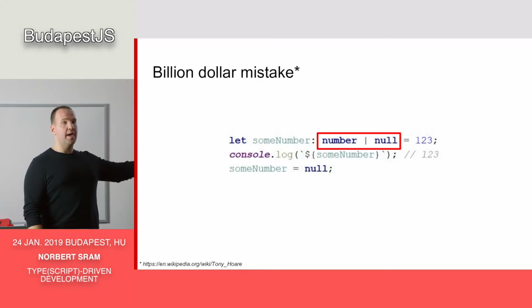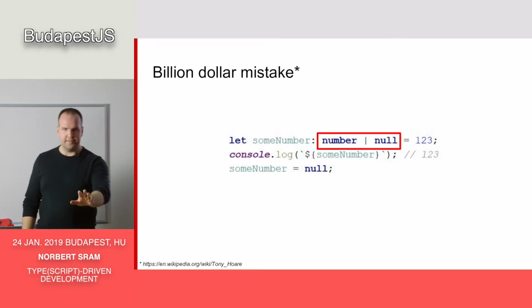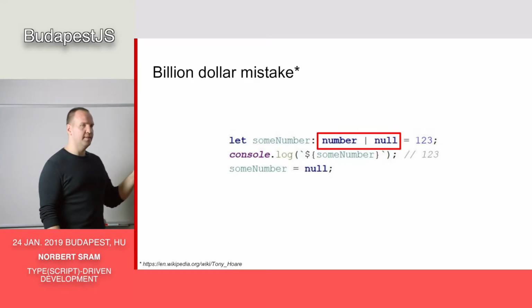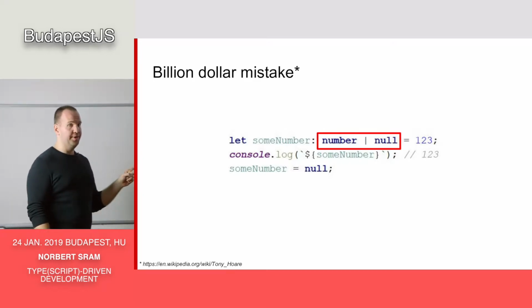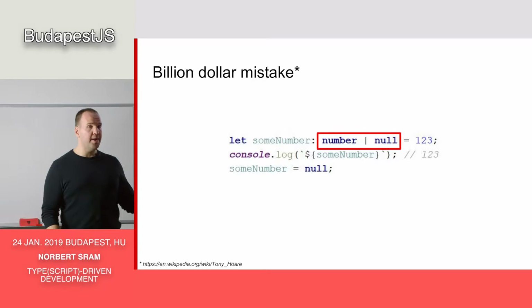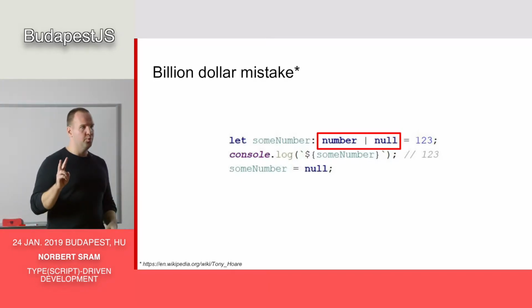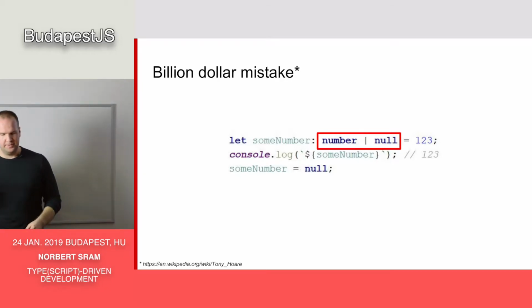The only way you can tell the compiler, chill, I want that null there, is that you have to explicitly annotate the type accordingly. So you say that some number is either a number or null. Those two are the possible scenarios.